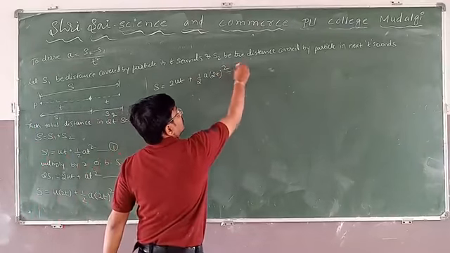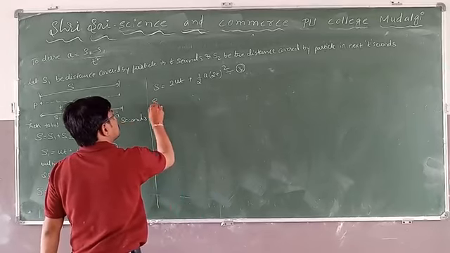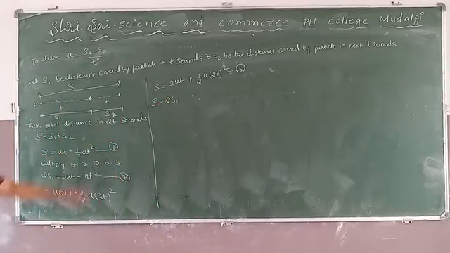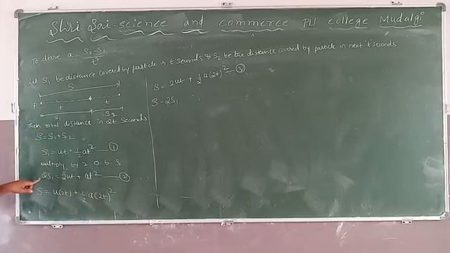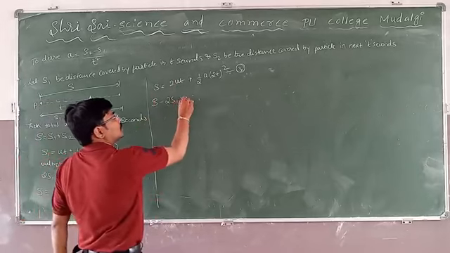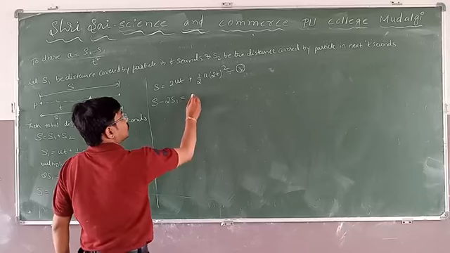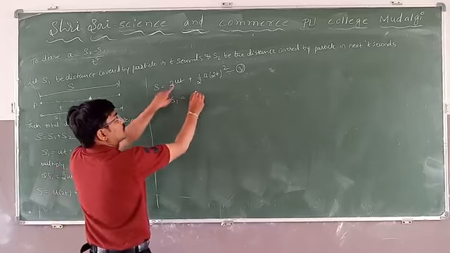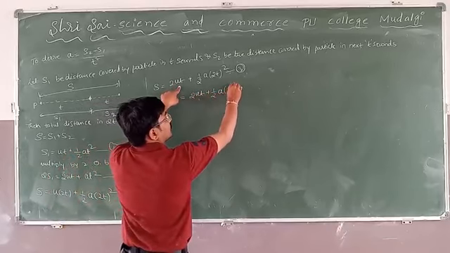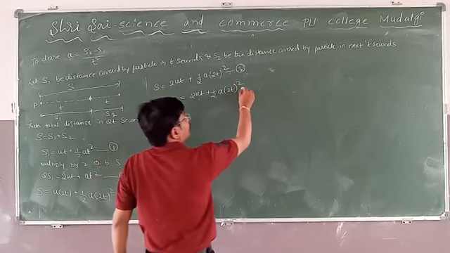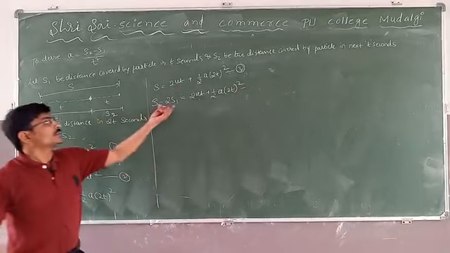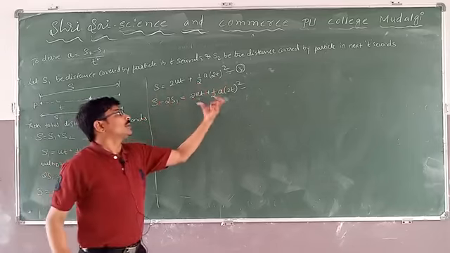Equation number 3. Next, s minus 2s1. S is here, 2s1 is here, that is equation number 3 minus 2. S minus 2s1 means write the s value: 2ut plus 1 by 2a into 2t whole square, minus 2s1.